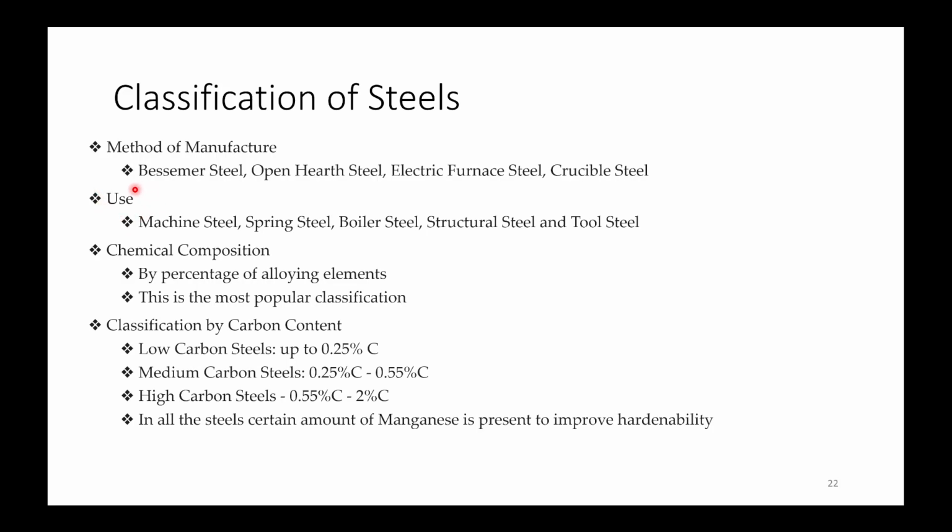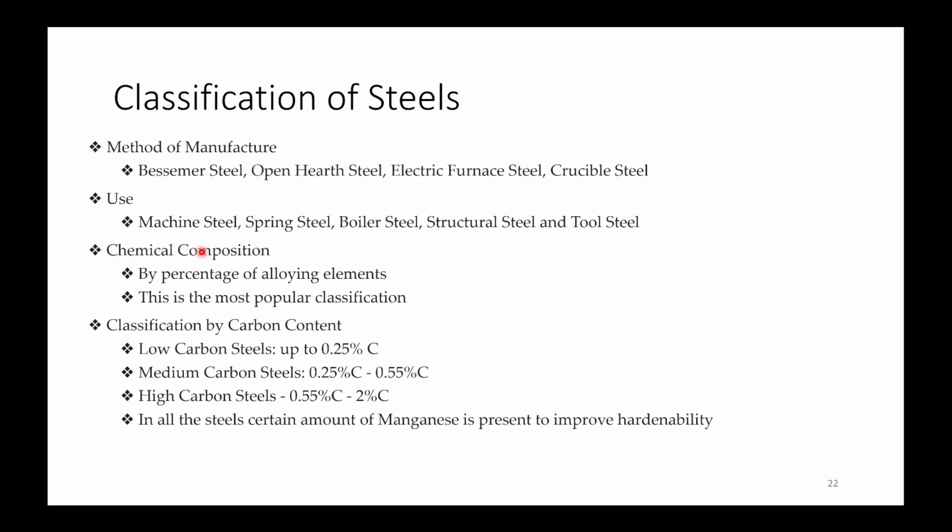And based on uses, it can be machine steel, which will be used for making machines, spring steel, which will be used for springs, in this case your steel will have a high percentage of silicon, boiler steel, structural steel for making structures, tool steel, which will be high in carbon and in various alloying elements.